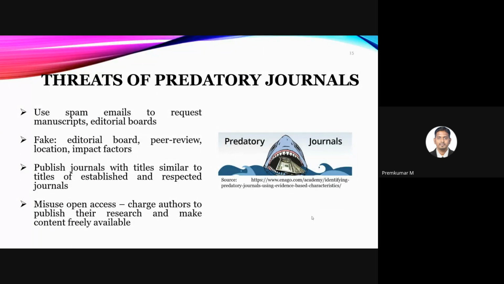A kind of clone journal is also available, and clone journal in the sense that with the same name of the journal, they'll open another site. They will redirect all the authors to that clone journal, and they'll take money and publish whatever you send. So you have to be aware of all these predatory journals.